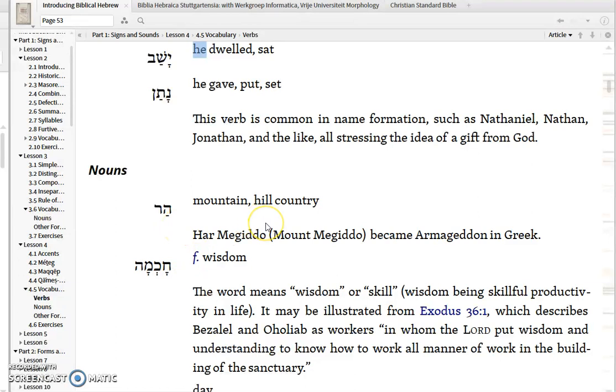Nouns, you have har, which means mountain or hill country even. One caveat, the word mountain, har, I had a geography major as a roommate in college, and he would say things like, a mountain is an uplift with at least a 2,000-foot base relief.